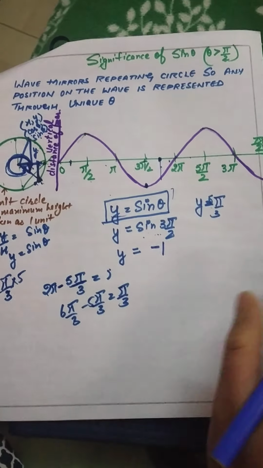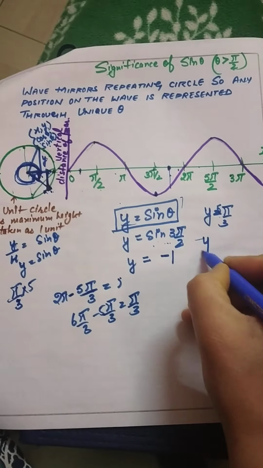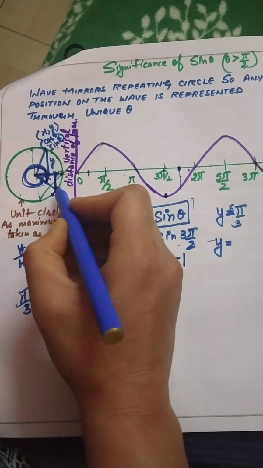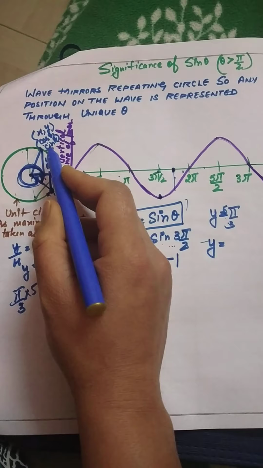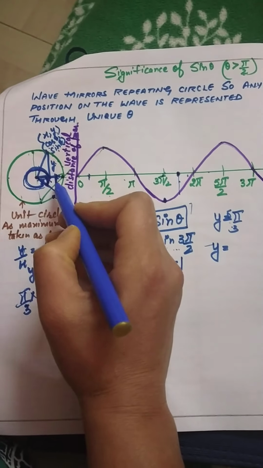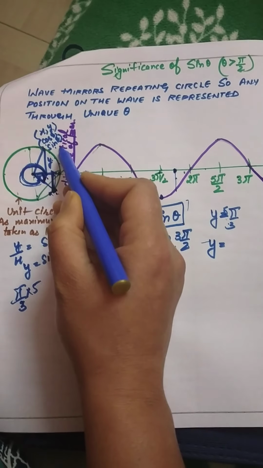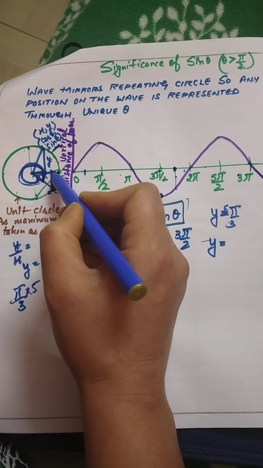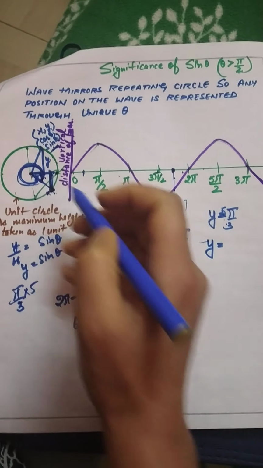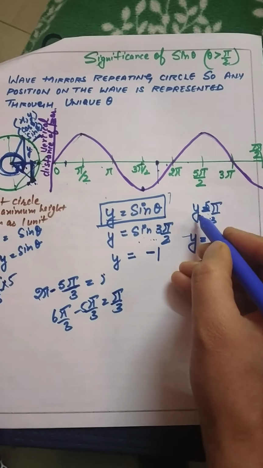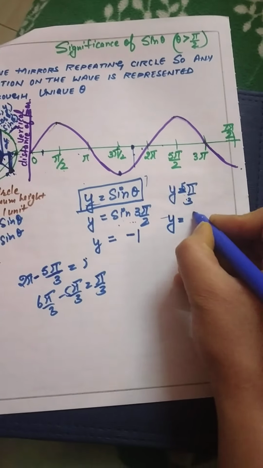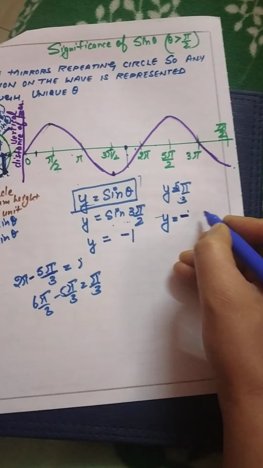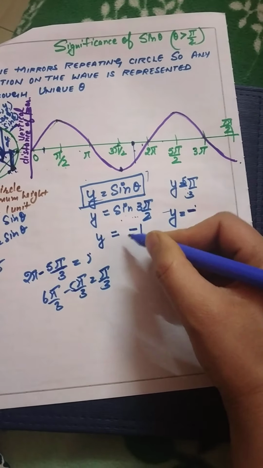So the position of this is just to position the particle and then just see whether the amplitude is in the negative direction or in the positive. So here the vertical distance, because sine theta is the y coordinate, is negative in this. So we can say now y equals sine 5 pi by 3 equals negative. It's going to be negative. We worked it out.